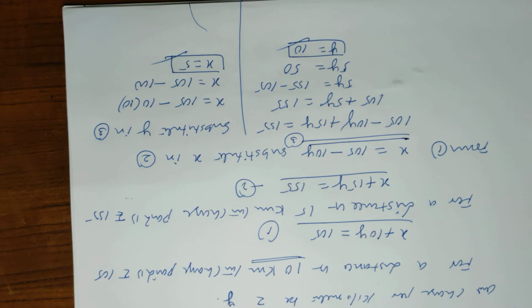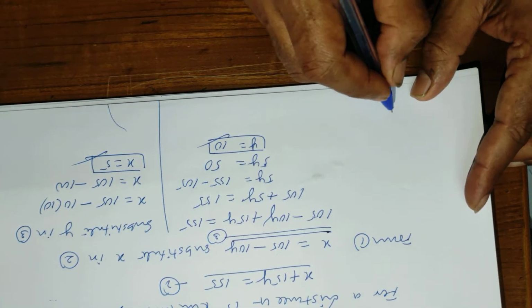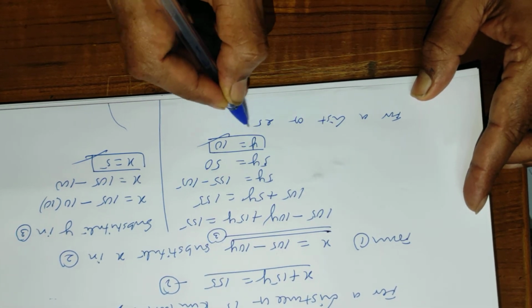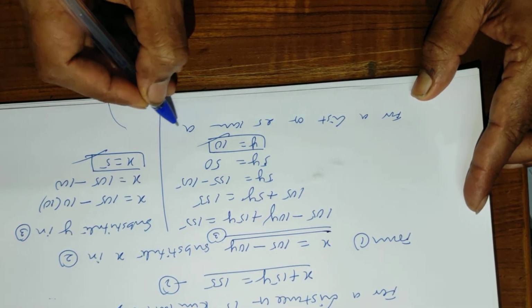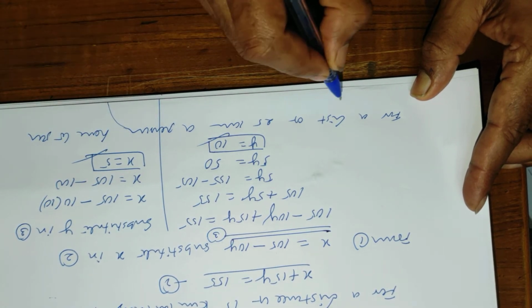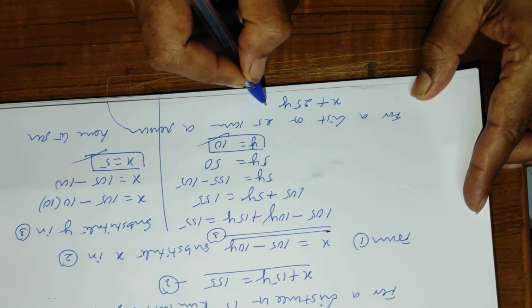You are asked to calculate how much a person has to pay for traveling a distance of 25 kilometers. For a distance of 25 kilometers, a person has to pay X plus 25Y.